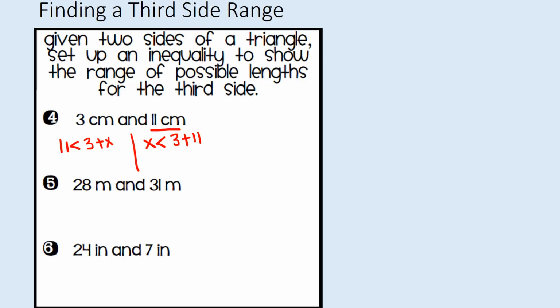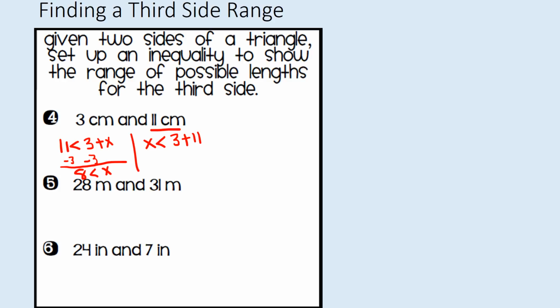So these are the two inequalities that we're going to set up, and then we solve them separately, and then we'll have to put them into a compound inequality. On the left inequality, subtract 3 from both sides to get x alone. 11 minus 3 is 8. So x is greater than 8, or how we read that from left to right is 8 is less than x.